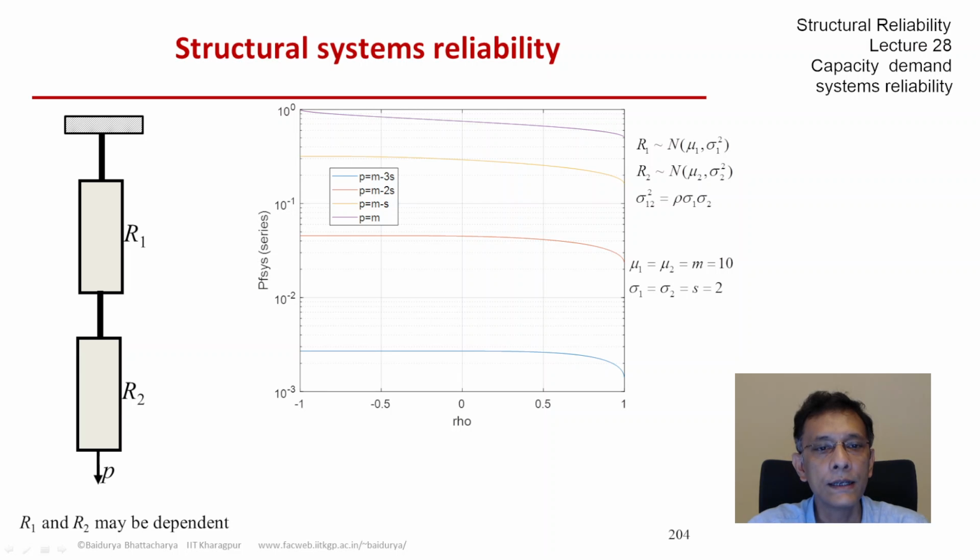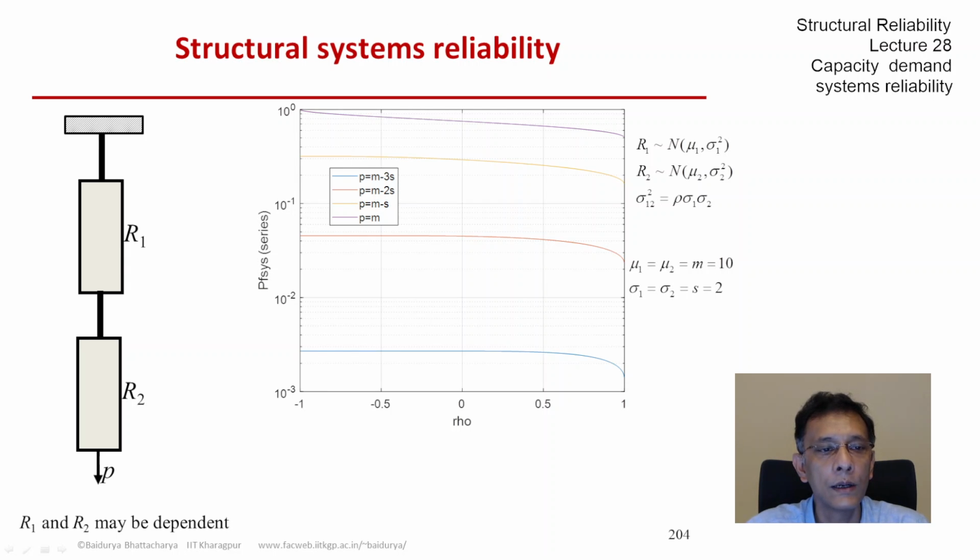Now, what is interesting is that on a log scale for the y-axis, you see there is huge variability, or a huge effect on the value of the load, which should be expected. So when the load is quite high, equal to the mean of each element strength, the failure probability practically starts at 1 and then drops off to something like 0.5 with increasing rho.